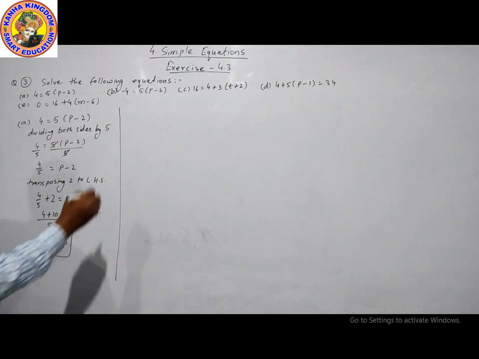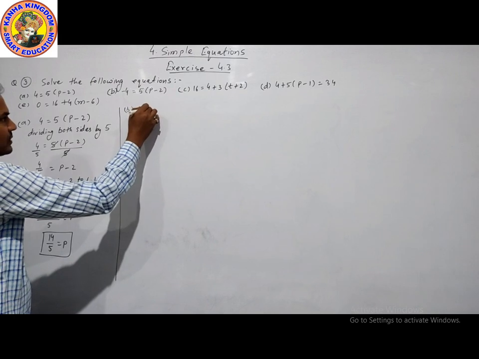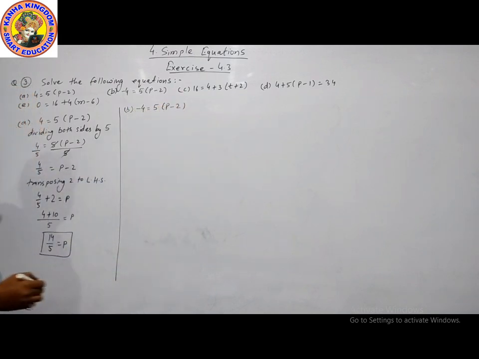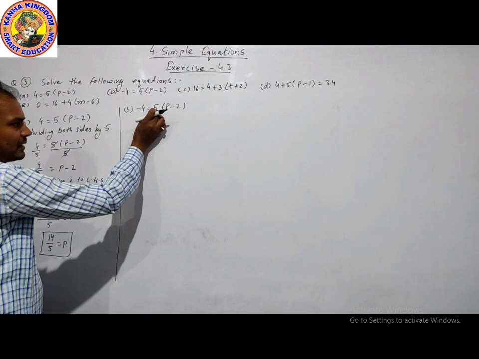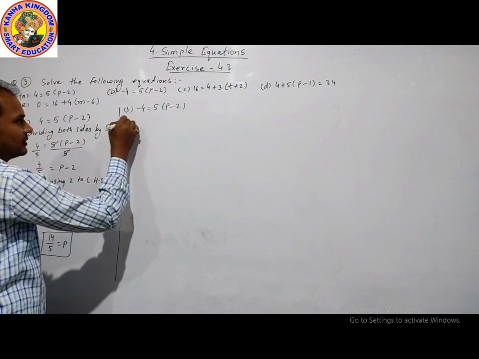Now taking part B, the equation is minus 4 is equal to 5 (p minus 2). This is our equation. P minus 2 is in a bracket multiplied by 5, so we will divide by 5 to remove this.